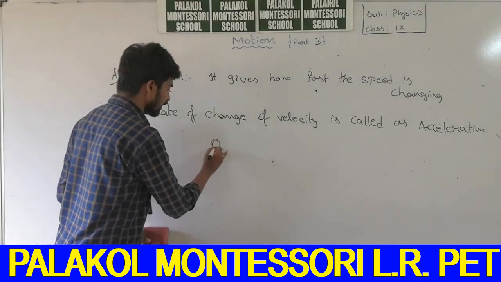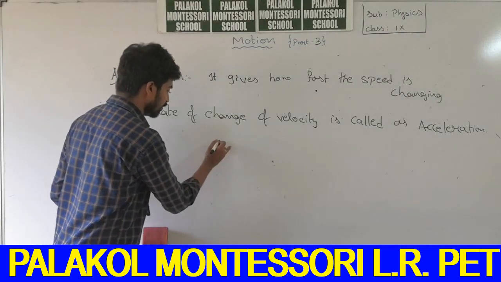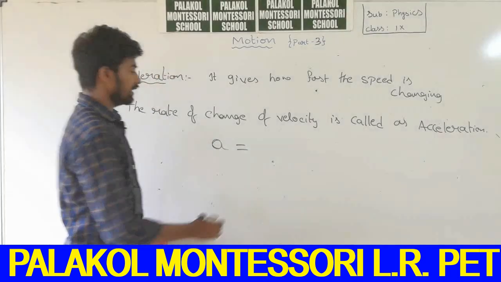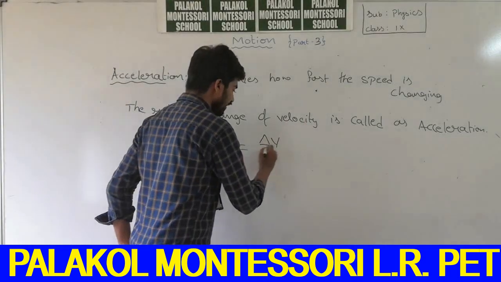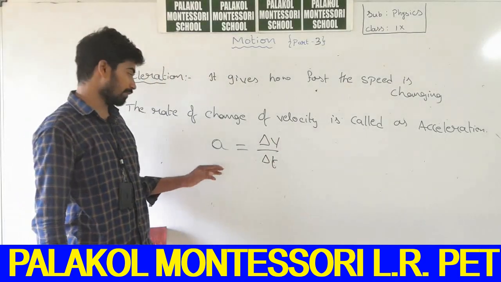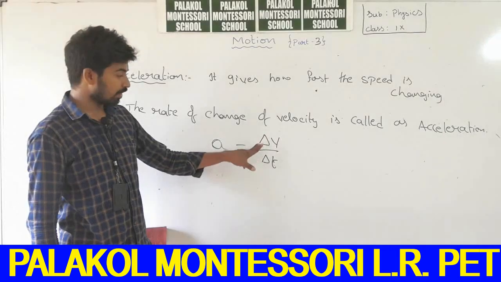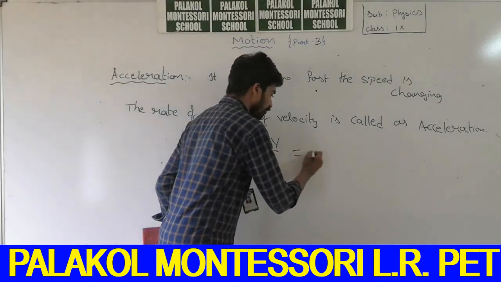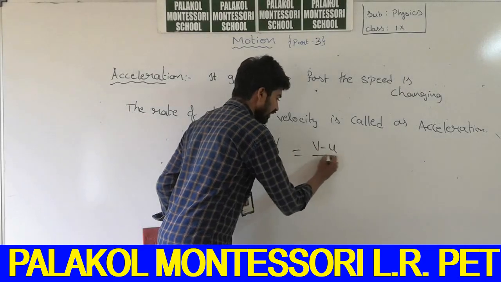Here, acceleration is denoted with a small a. Small a is equal to change in velocity divided by time taken. Acceleration can be found with the formula: delta v means change in velocity, so a equals v minus u divided by t.